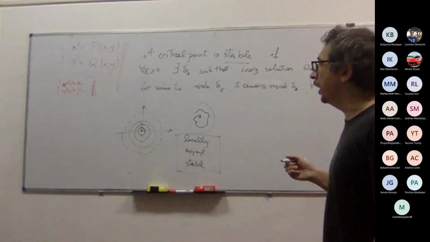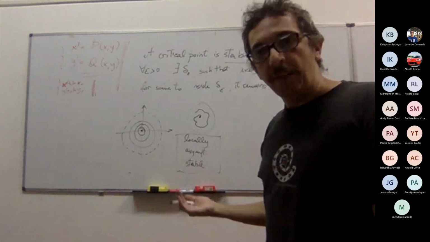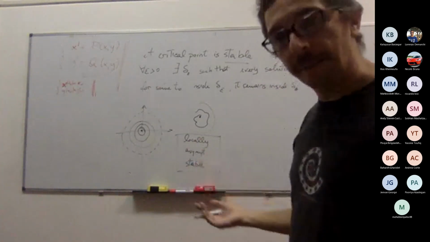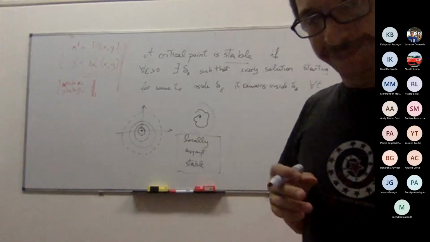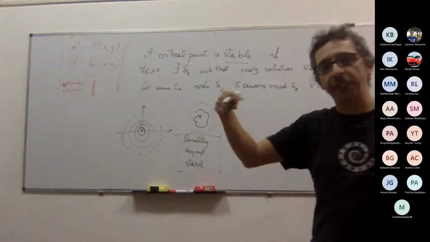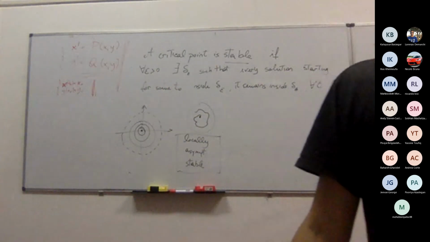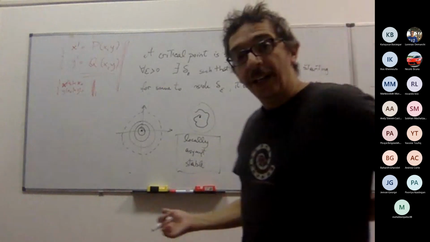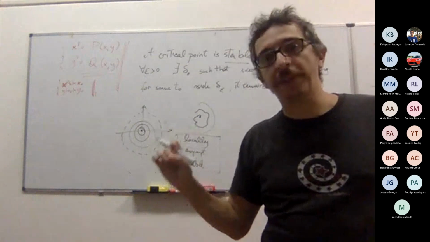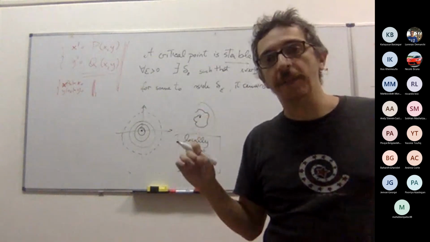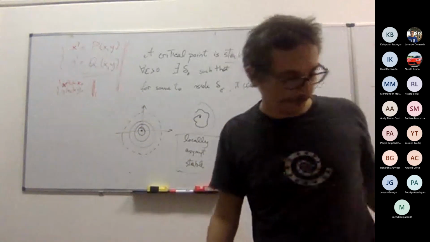Instead, a node or a spiral can be locally asymptotically stable, but they can also be unstable, because this depends on whether the orbits are approaching or departing from the critical point. The saddle is always unstable because there are always some orbits departing from the critical point.